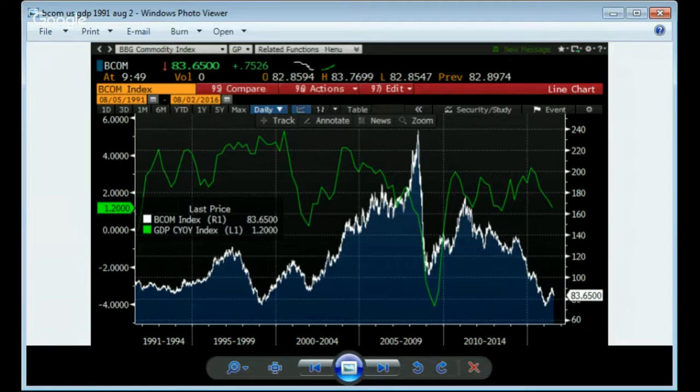So we can clearly, let's just concentrate on the white line here, which is the Bloomberg Commodities Index. And let's discount this period right here. Because right here, we're talking about speculative excess on and on in all the markets. We're going to ignore that simply because we're not there anymore. So let us talk about this period here.